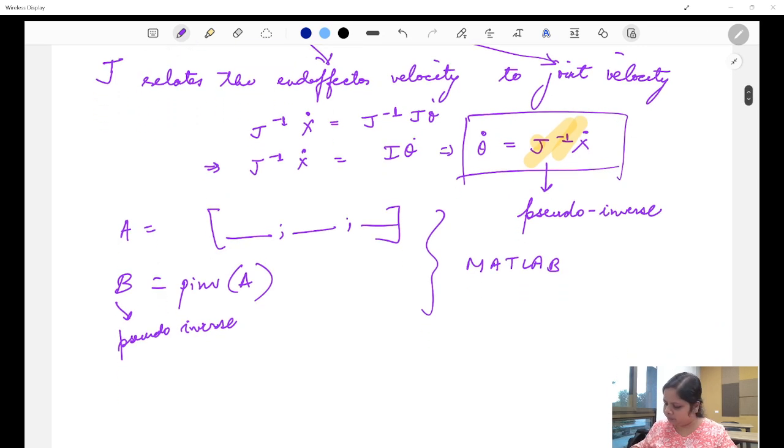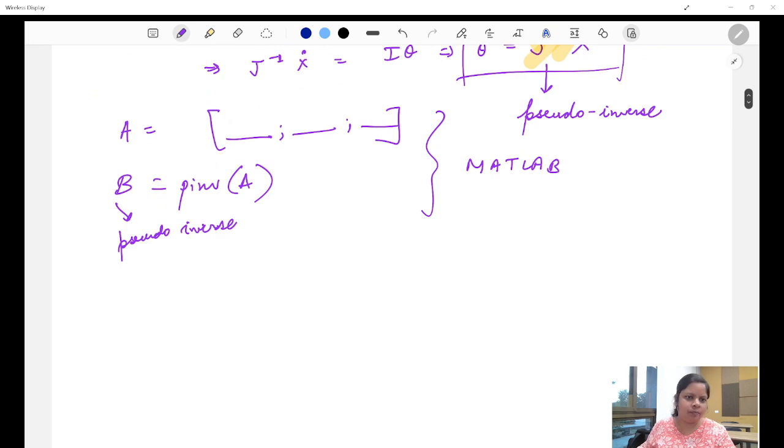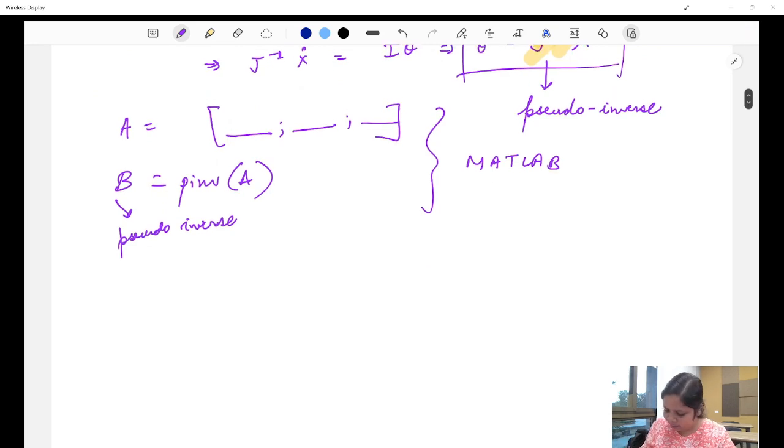In Python, if you have a matrix and then you want to find out the pseudo inverse, you are going to use the NumPy library. If you're familiar with Python, you will know the NumPy library. And inside the NumPy library, we have something called linear algebra, which we can access.